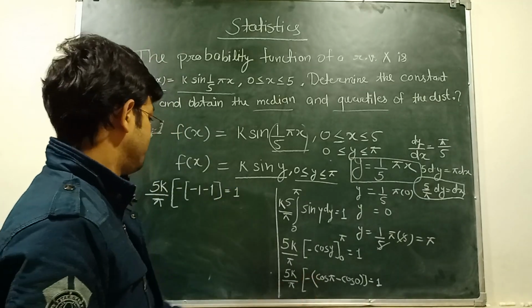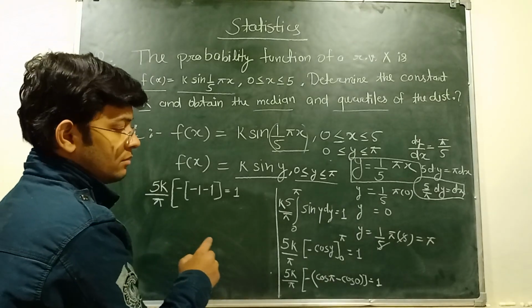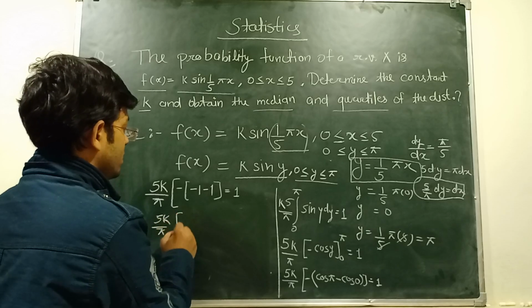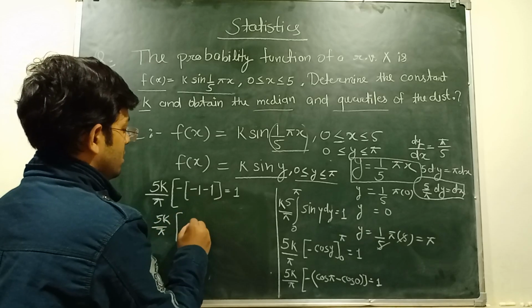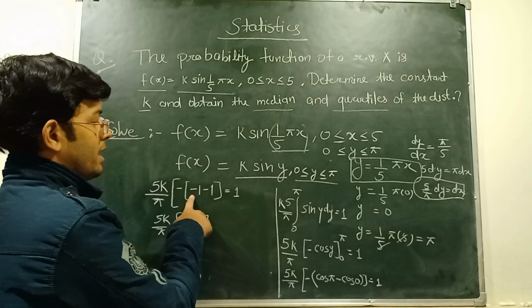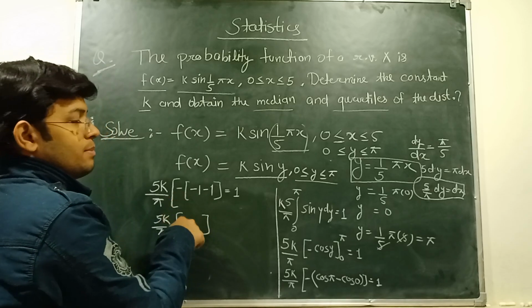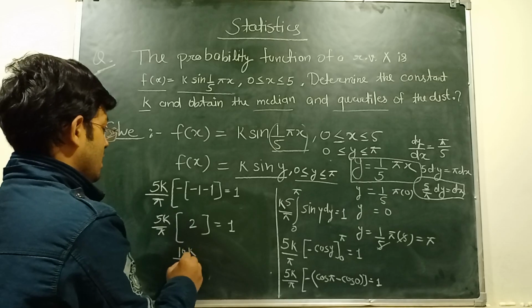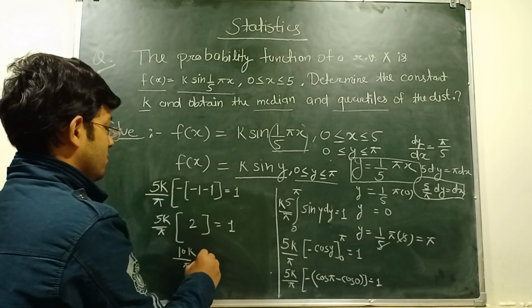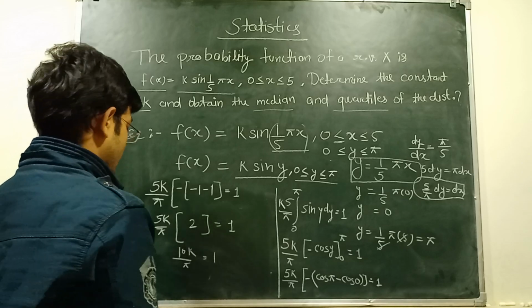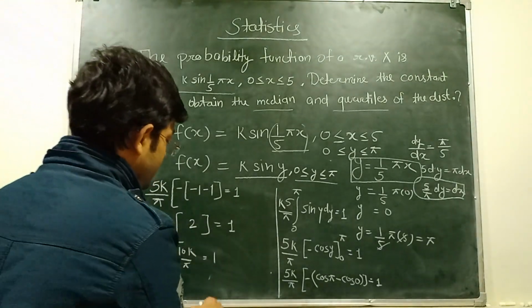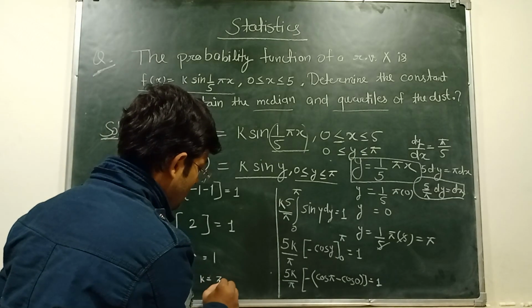So 5k on pi is equal to 2, because minus minus 1 minus 2 and minus plus 2 is equal to 1. This is 10k upon pi is equal to 1, and the value of k is equal to pi upon 10.